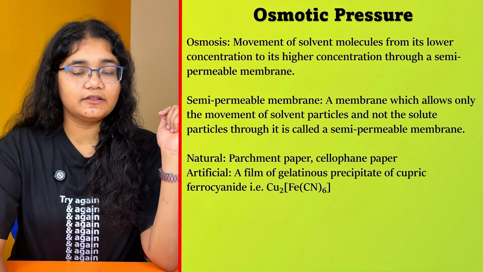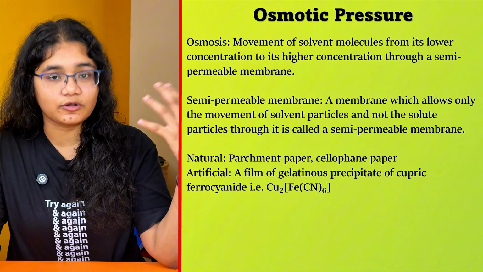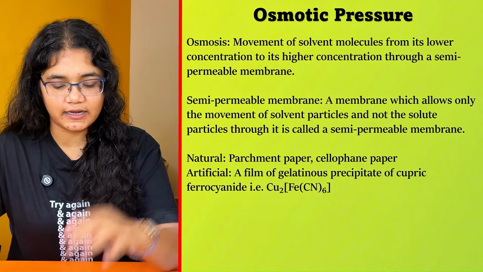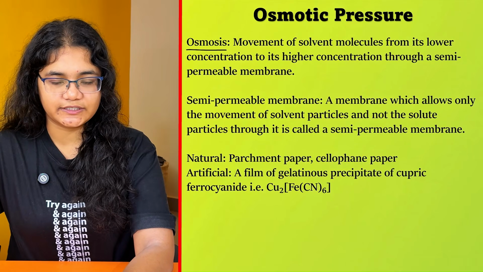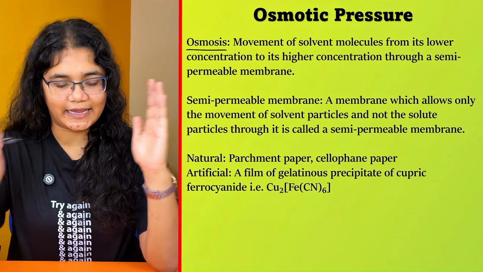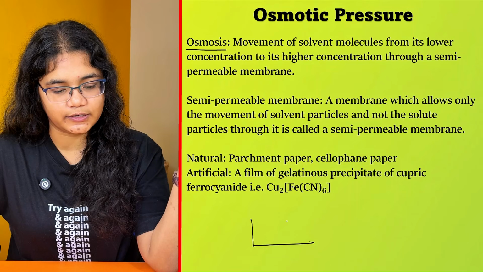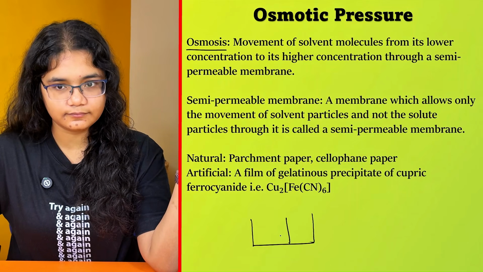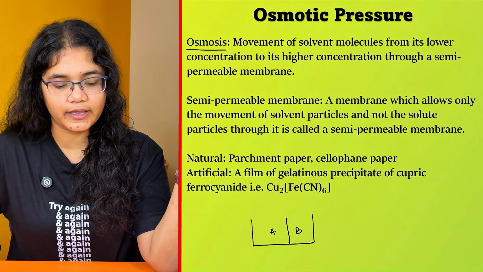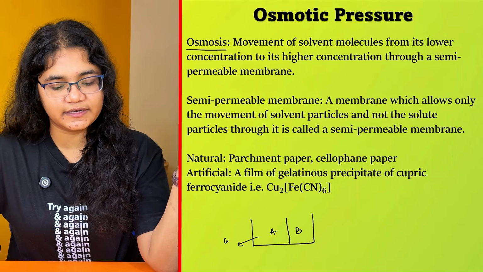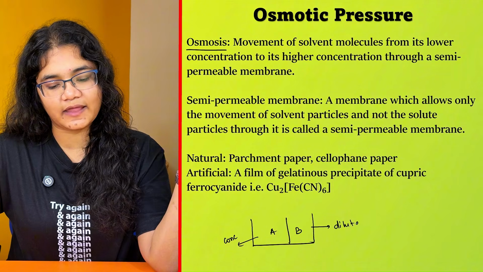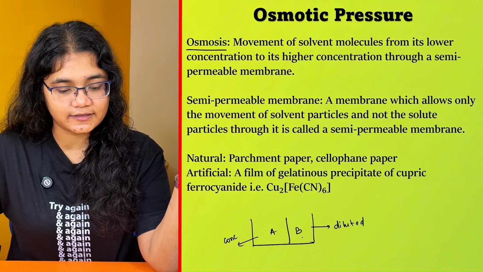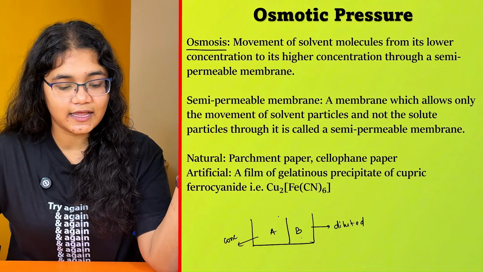Okay. Now let's see the fourth colligative property, that is osmotic pressure. Before understanding osmotic pressure, let's first talk about what is osmosis. See, when you have two solutions A and B, suppose A is a concentrated solution and B is a diluted solution. That means here the solvent is more, here the solvent is less. So what will happen?